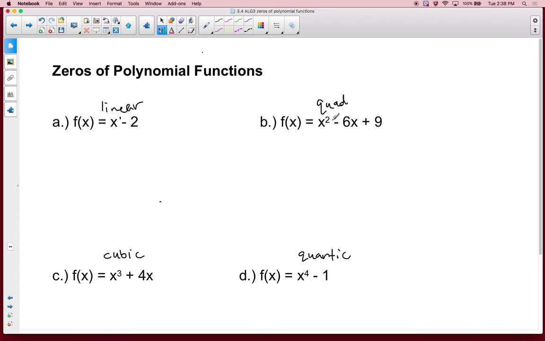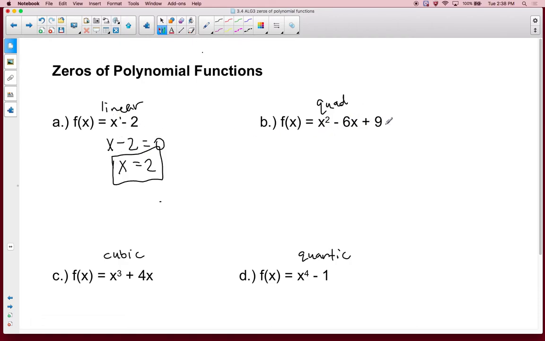When it's x squared, we'll get 2 answers. X cubed, 3 answers, and x to the fourth, 4 answers. All we're going to do here is set this equal to 0 and solve for x. So this linear polynomial has an x-intercept at x equals 2.